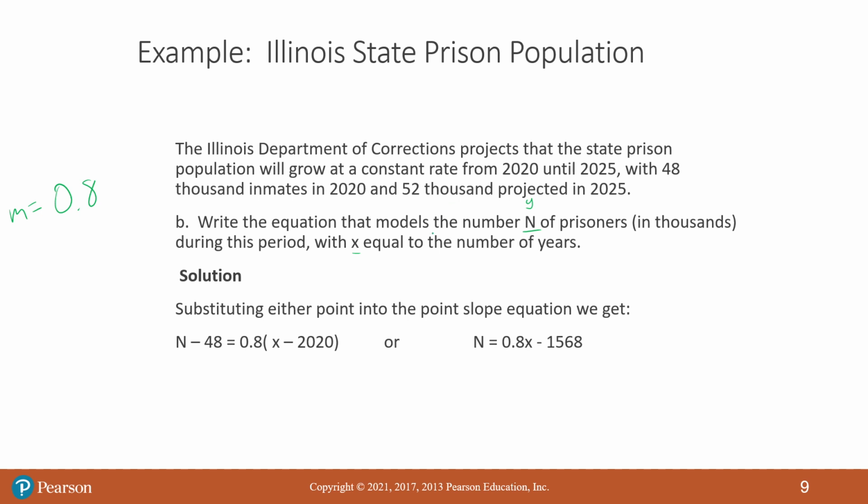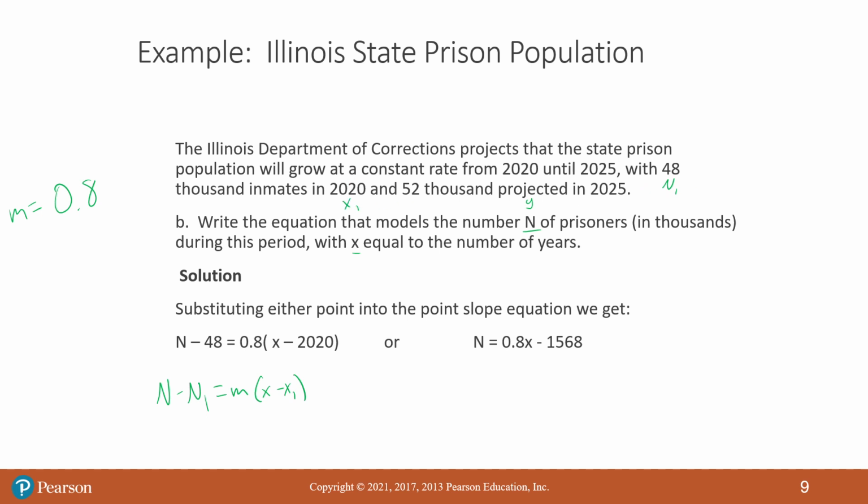This is essentially the same thing as the y we were using in that last part to find the slope. So to put it in point-slope form, we will do n minus n1 equals slope m times x minus x1. This is going to be your n1, this is going to be your x1.